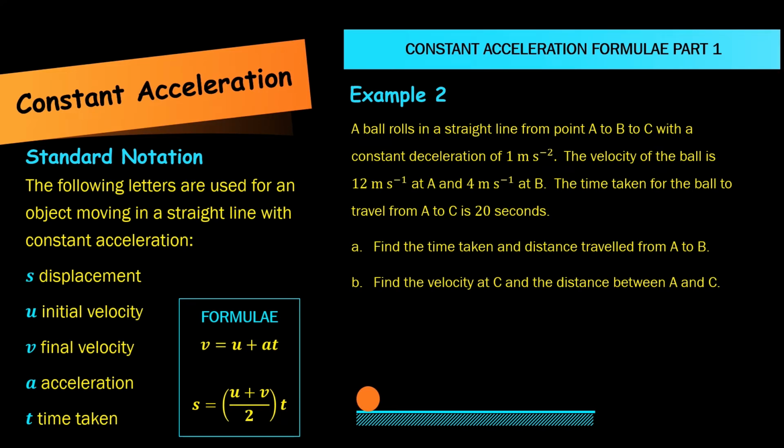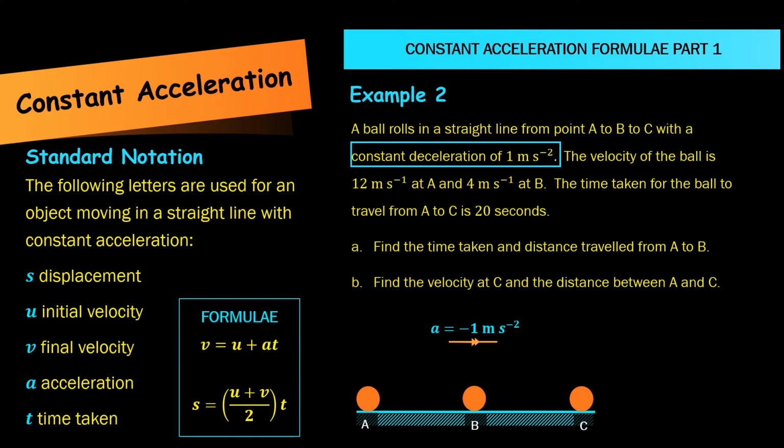So there's quite a lot here, and again we're going to draw a diagram in order to help us with this. So we start at point A. The ball rolls to point B and then to C, as shown here, with a constant deceleration of 1 meter per second squared.